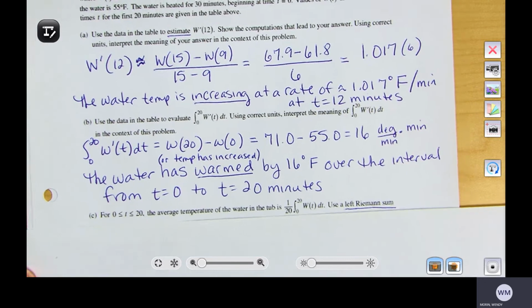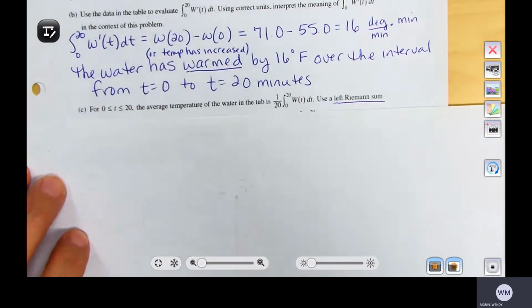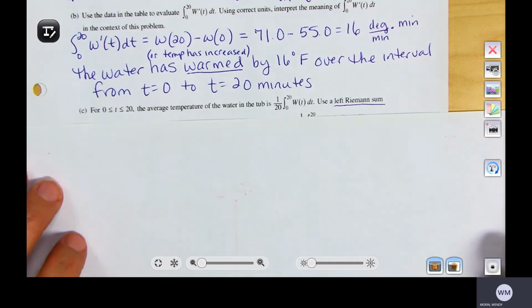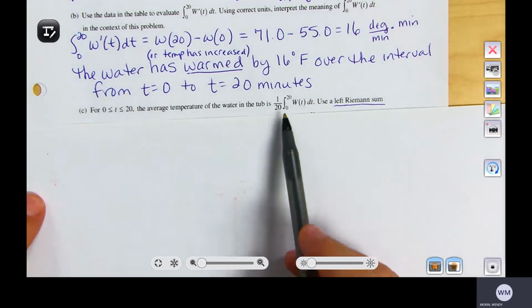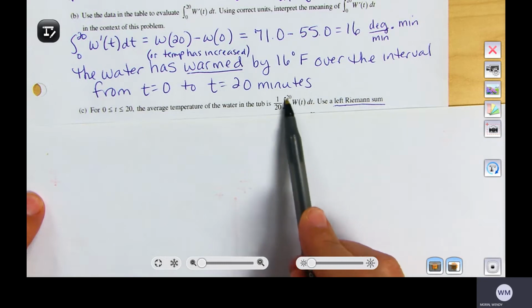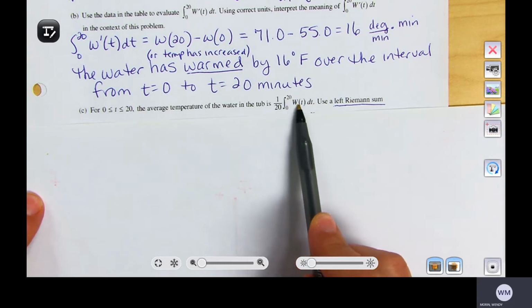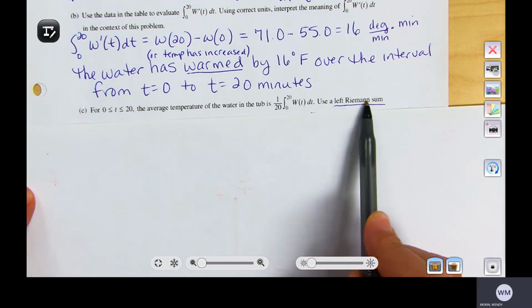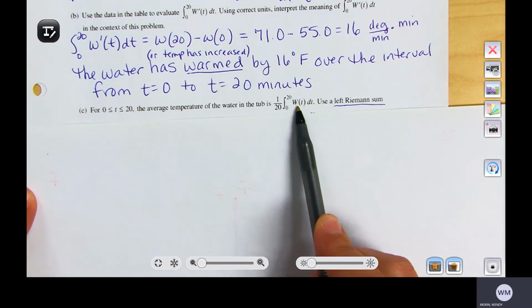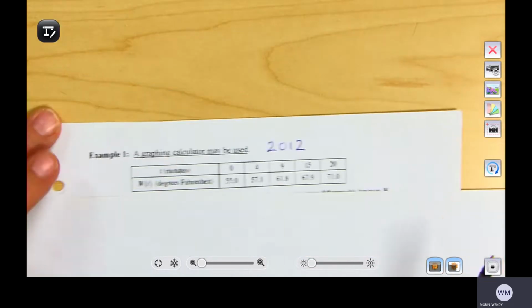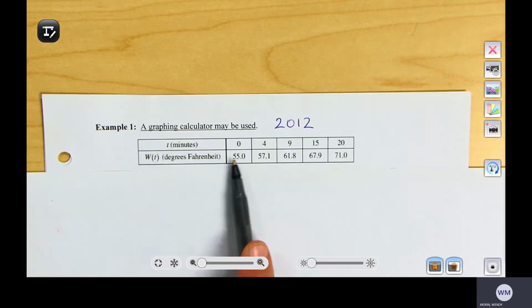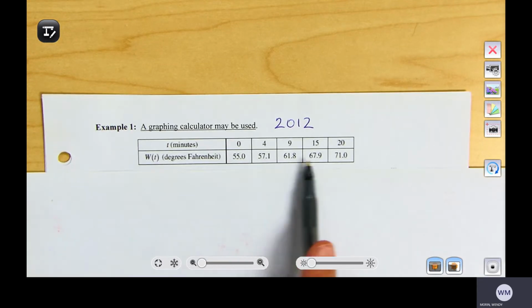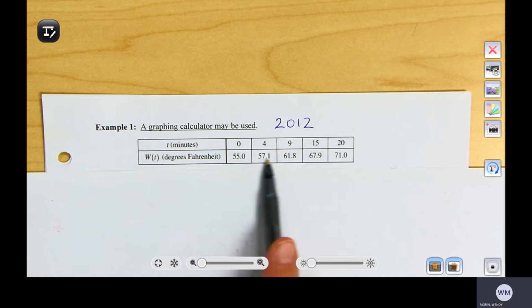Part C. It says find the average temperature. Now, we know how to do this, 0 to 20 of W of t, using a left Riemann sum. Left height, left height, left height, left height. You're going to have 4 rectangles.